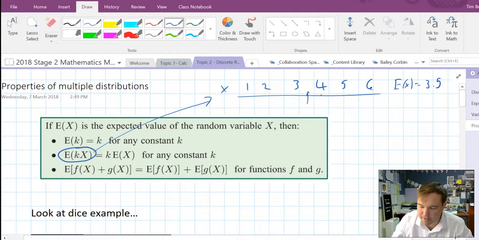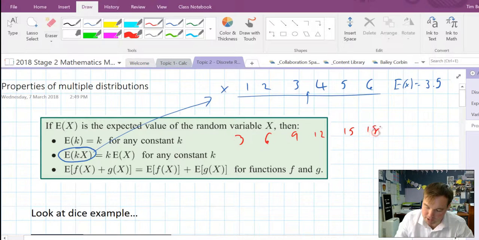Bang in the middle there. All right. What's happening here is it's saying we multiply each one of those numbers by a certain constant, k. So let's say we have a dice that instead of reading 1, 2, 3, 4, 5, 6, reads 3, 6, 9, 12, 15, 18. Essentially, every face of the dice has just been multiplied by 3.